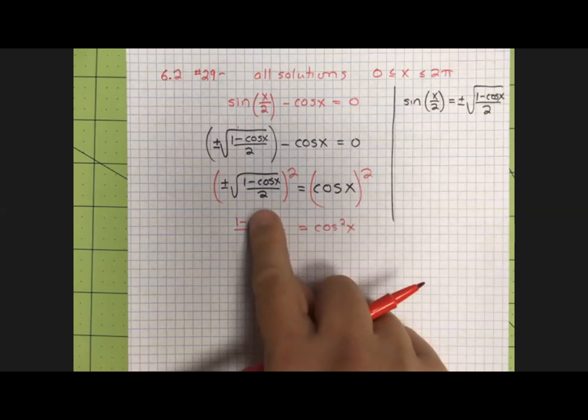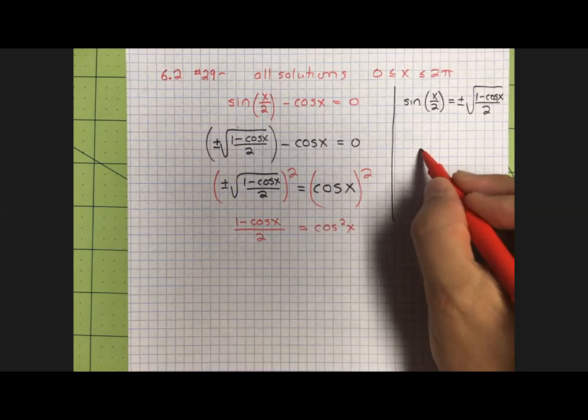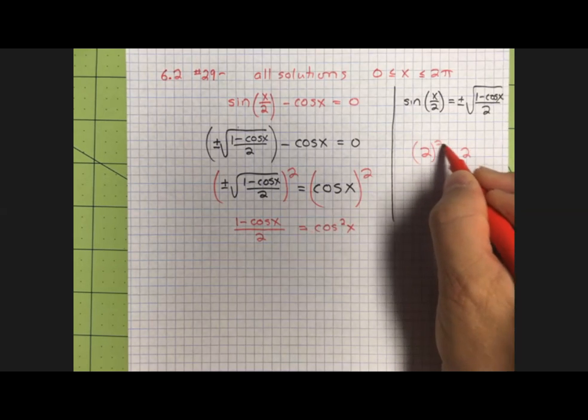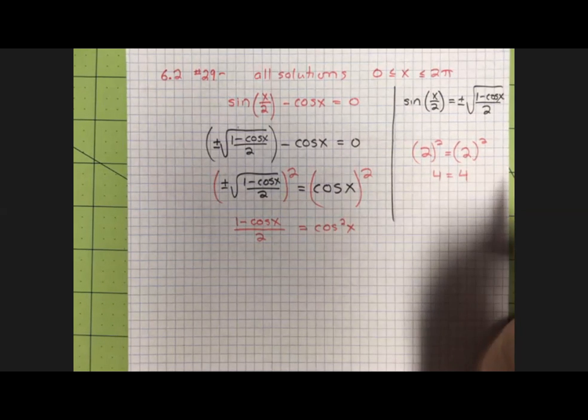But there's this warning that we gave you last time. Even though it's legal to square both sides of an equation, if you have two things that are equal and you square them, then they remain equal. You haven't caused any damage.